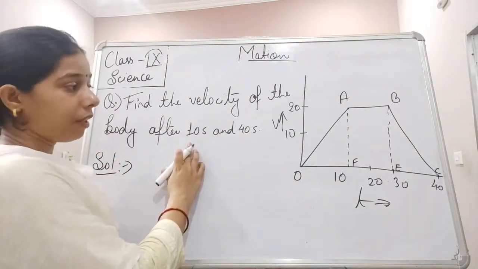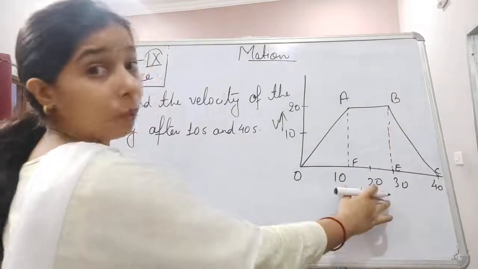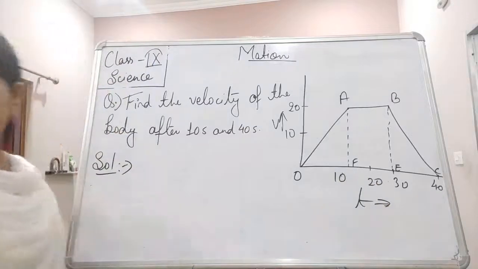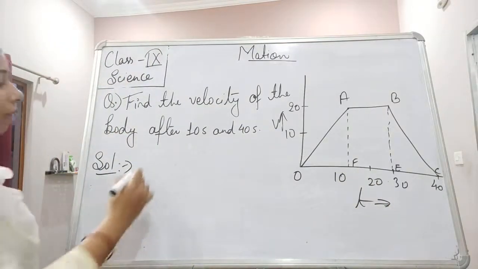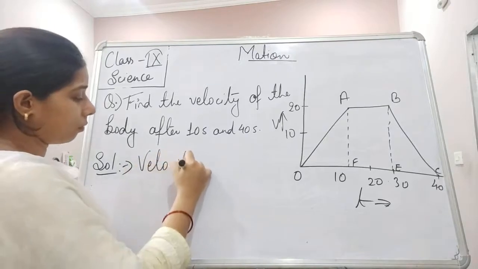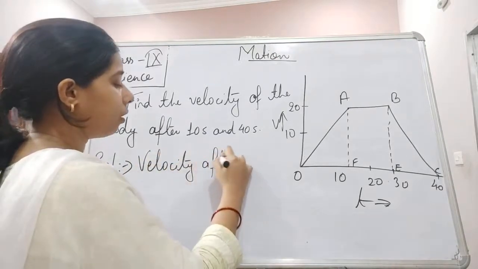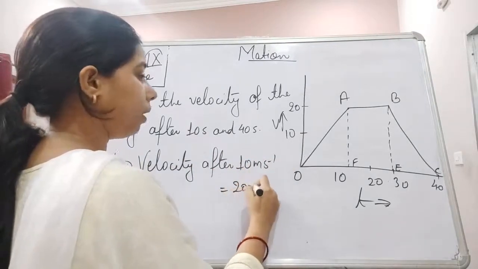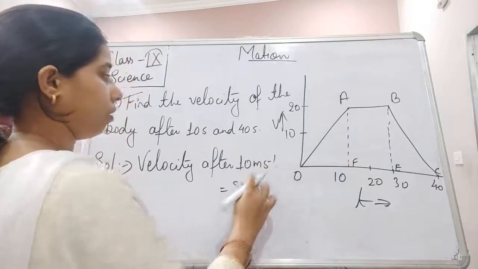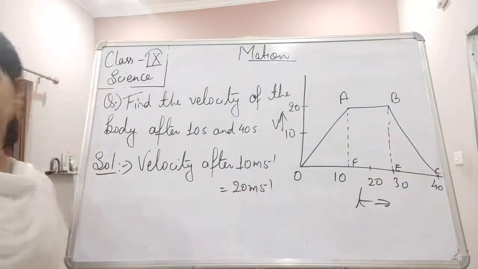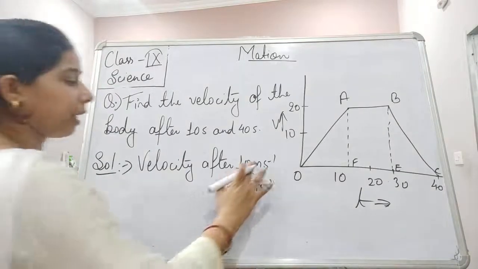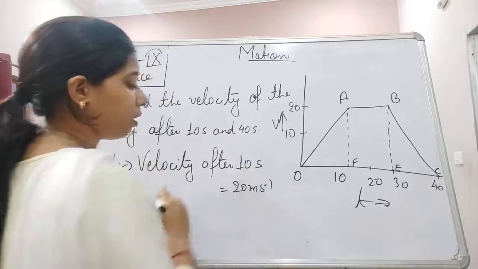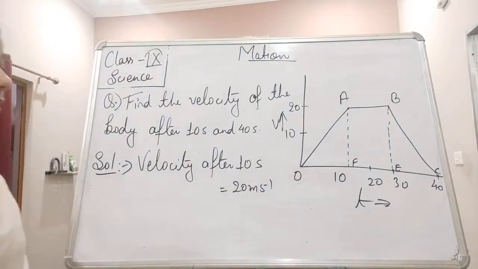After 10 seconds, what will be the velocity? It will be 20. So we can say that velocity after 10 second will be equal to 20 meter per second.